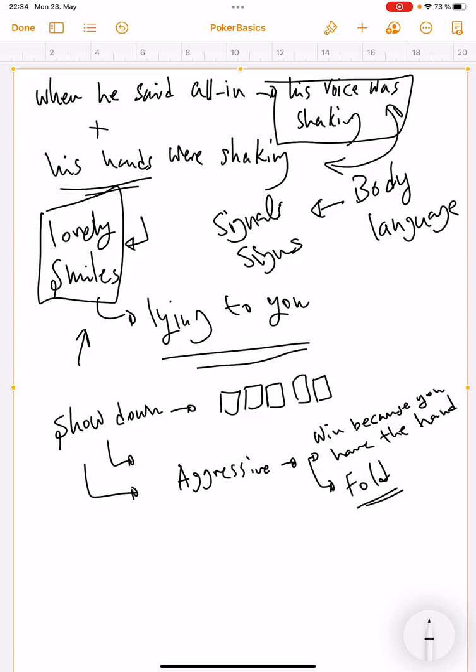So you are adding another possibility to take advantage of people who are folding, and you are gathering whatever is in the pot. So playing aggressive is also a good thing, but as I said, it's not as simple as it seems. There are billions of different factors, but in this video I just wanted to talk about these aspects.